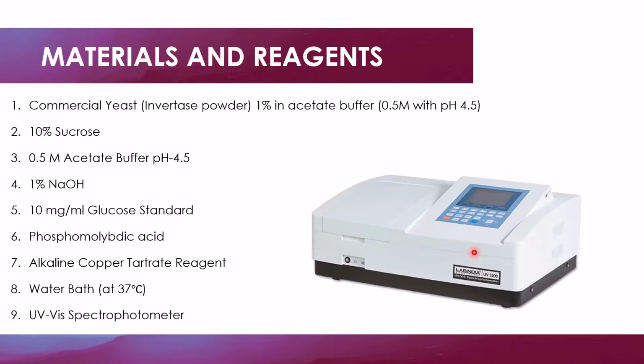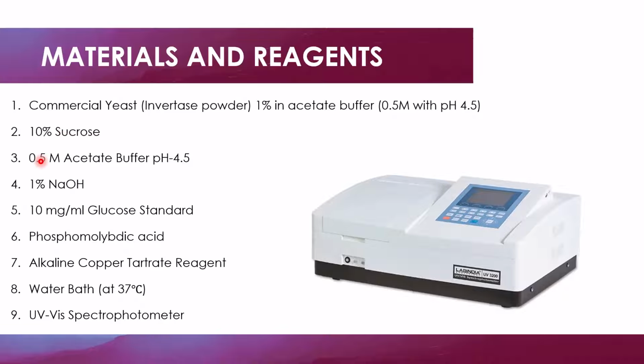Let's now look at the materials and reagents that we need to perform this test protocol. The first is our invertase obtained from a commercial yeast, and we are to prepare 1% of the invertase in a 0.5 molar acetate buffer of pH 4.5. The second is our substrate, which is the 10% sucrose.